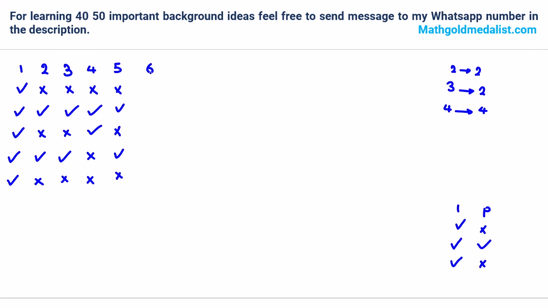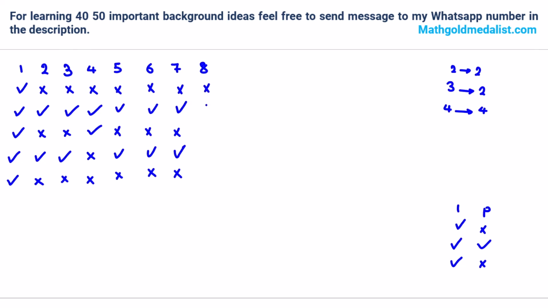For 6, what about 6? It will be cross, then what? Check. And then cross, check, cross, right? It's still 4. For 7, it is exactly similar to 2, right? What about 8? Cross.